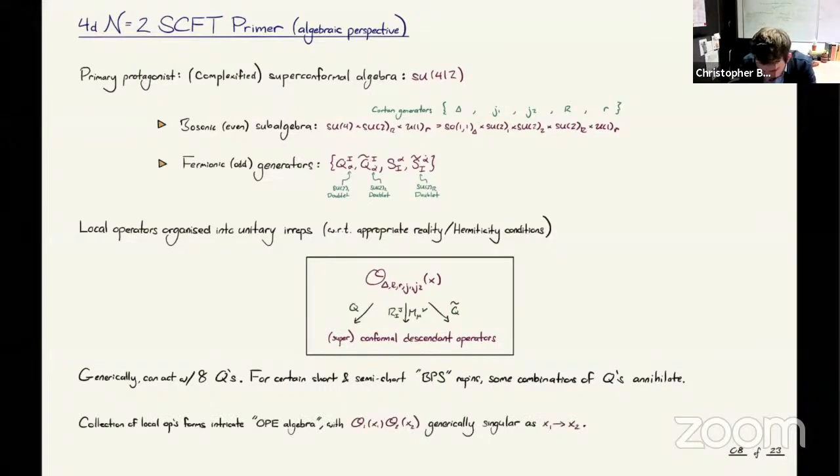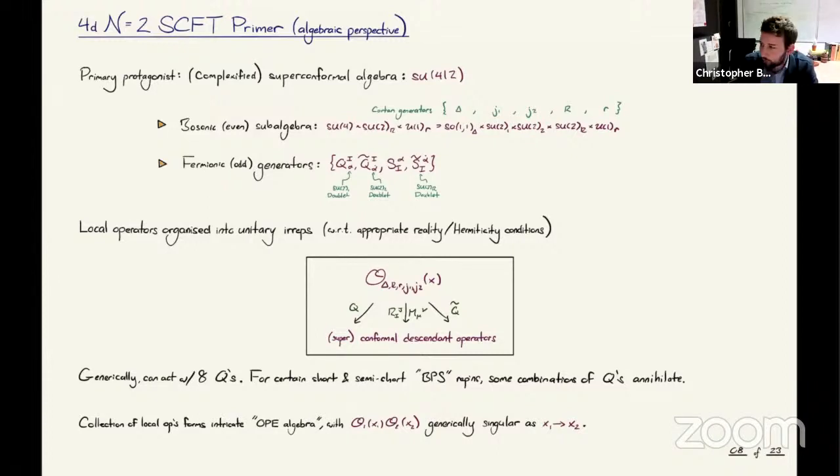And the full set of these local operators form some sort of an intricate algebraic structure that at least I call an OPE algebra, but lots of people call it that too. And this is a complicated sort of algebra that knows about the full glory of conformal field theory, and it involves taking operators that live at different points in space-time and letting them get close to each other.